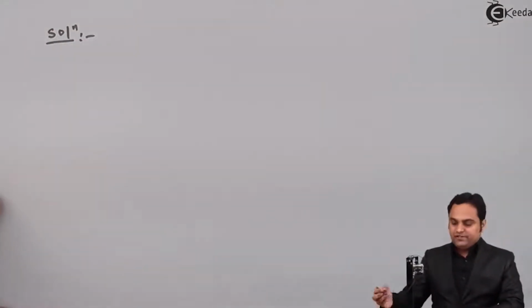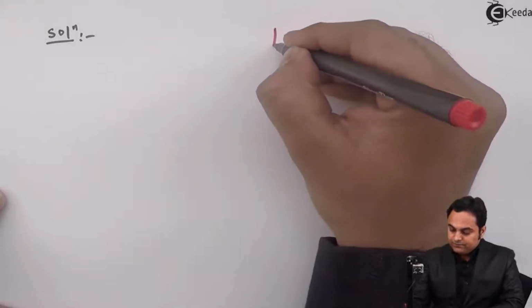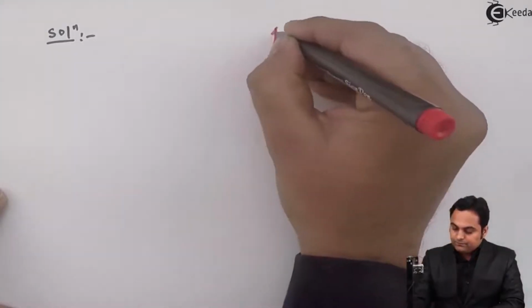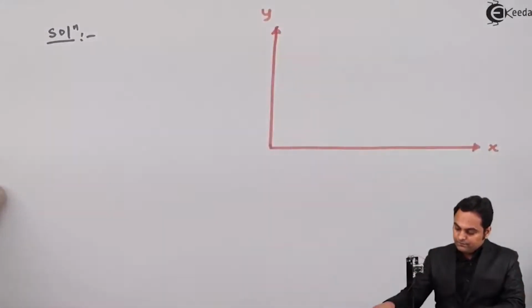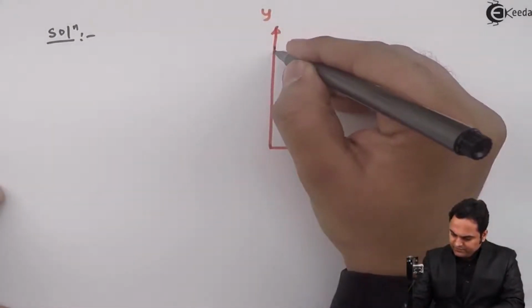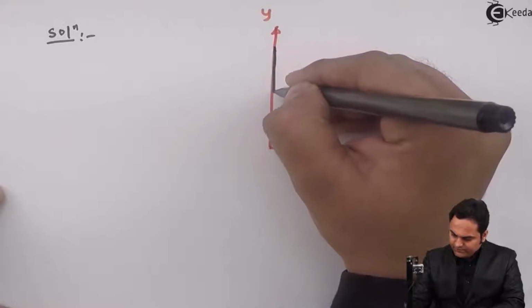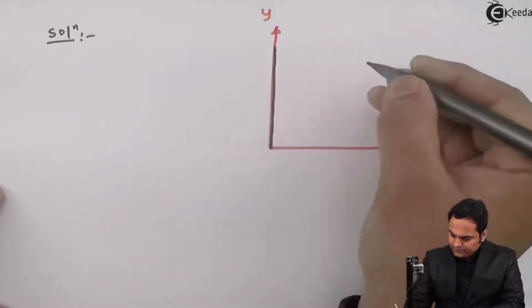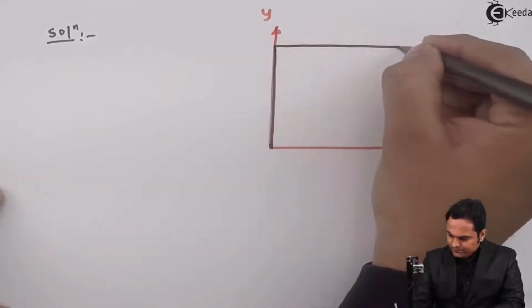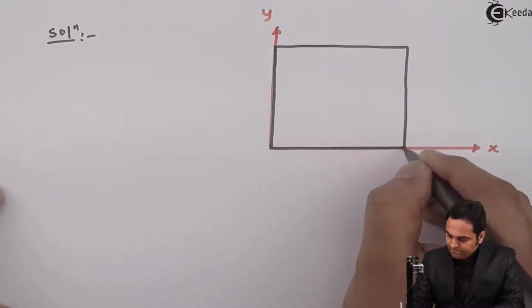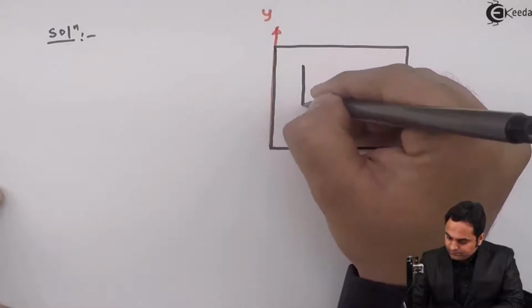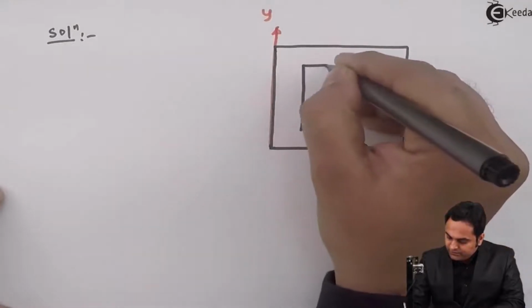The first thing in this question is we have to draw the diagram. Here it is given that we have a square on the outside, there is a square even inside.